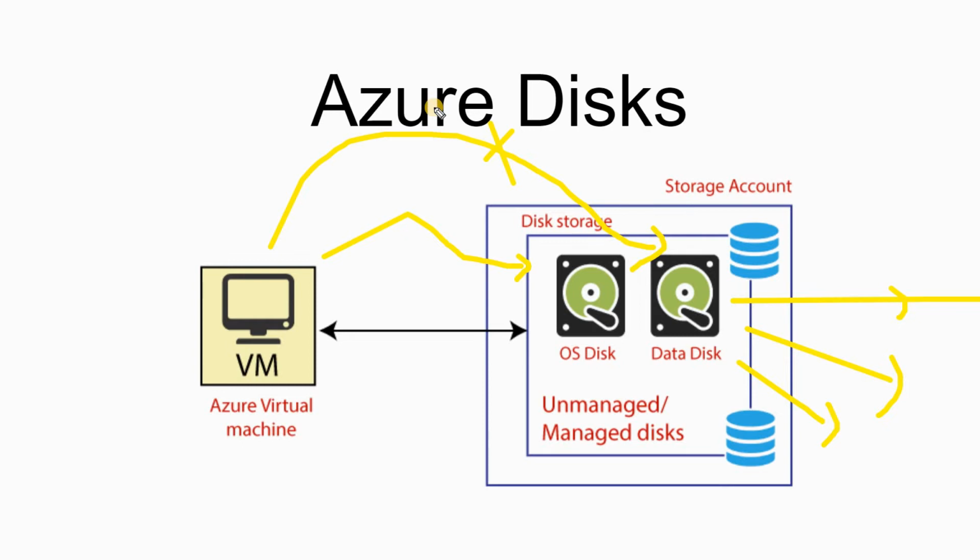What I wanted to say is that using Azure managed disks, for a virtual machine we could see three types: a temporary disk, an OS disk, and a data disk.